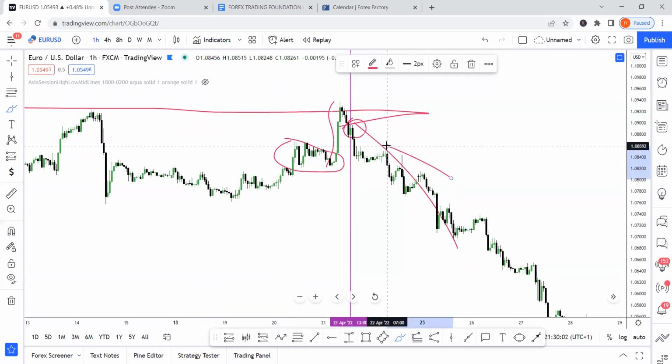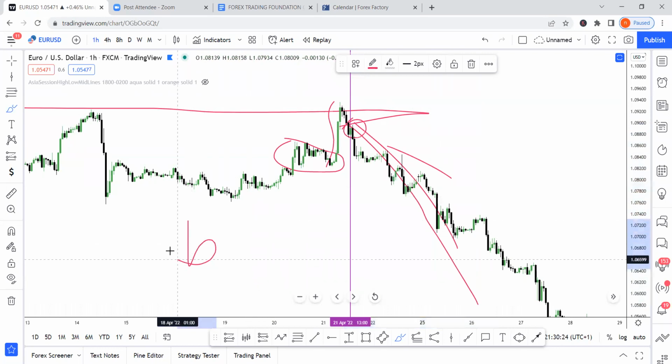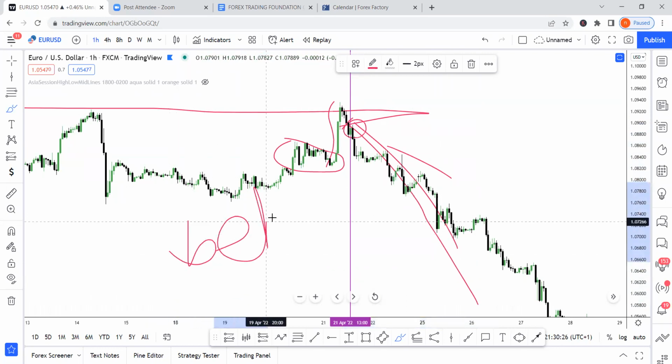So now you see that we're able to match the session with the behavior of this market. And we're able to pick our trade here to the downside. Are you seeing it now? That is how you analyze the market based on what is called behavioral analysis.